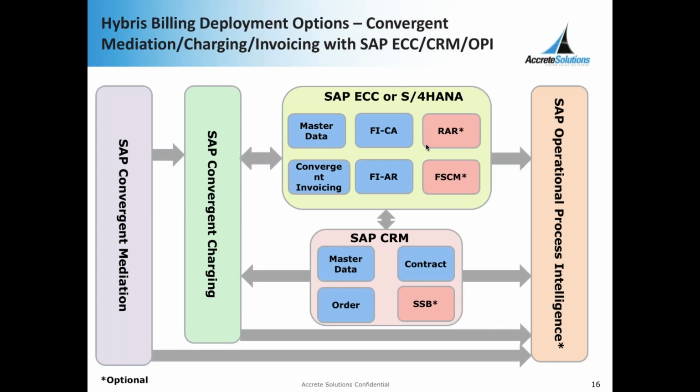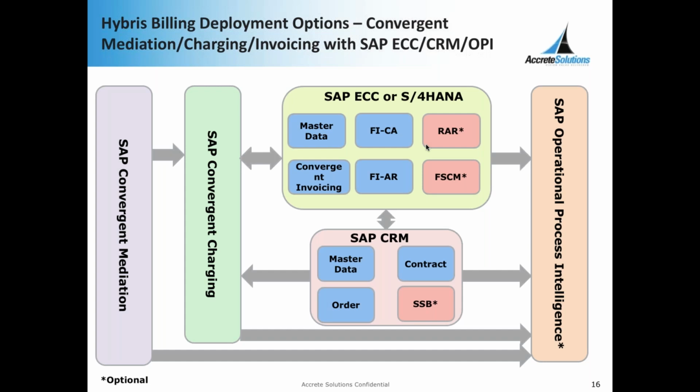In this solution, you have SAP CRM, which takes care of contracts and orders. So this is a very common scenario for a telecom company where you can have an order captured in SAP CRM, which could be for a bundle product, which could be for a cell phone, a data plan, a text plan, or voice.